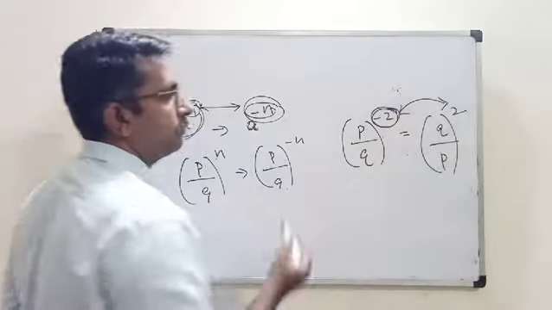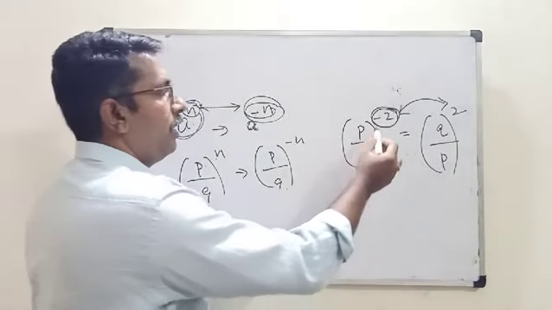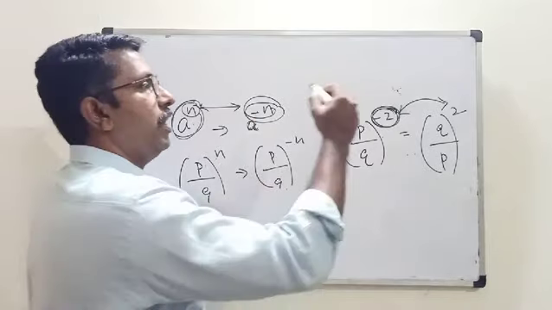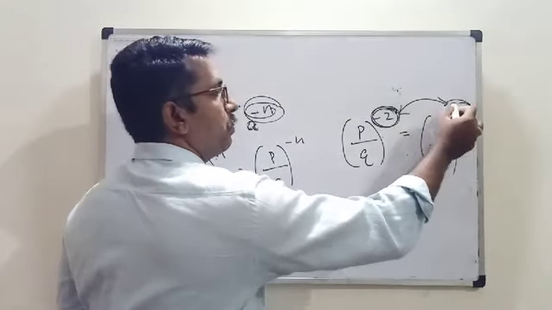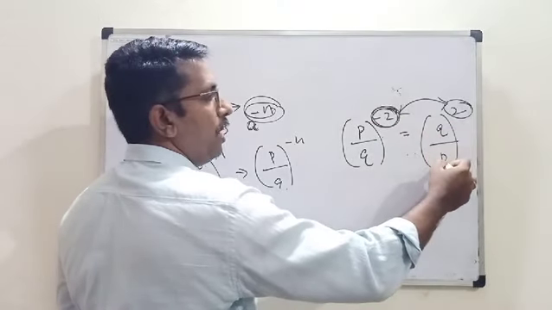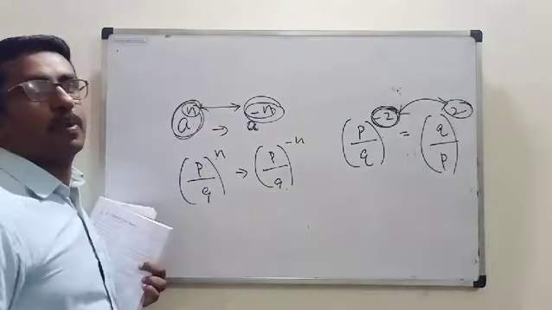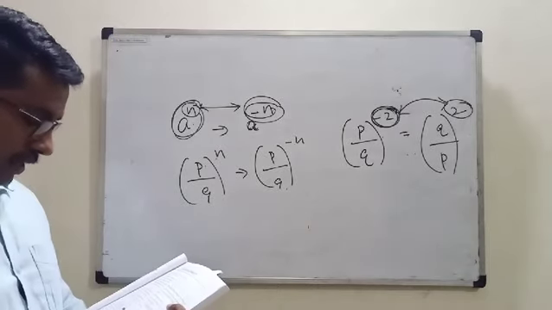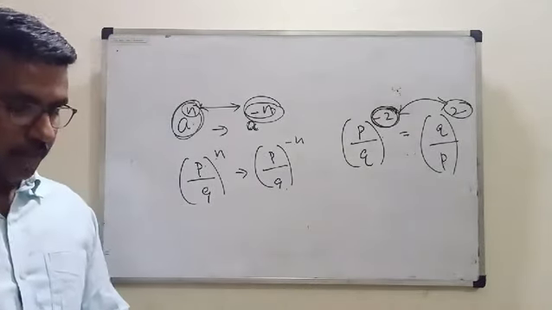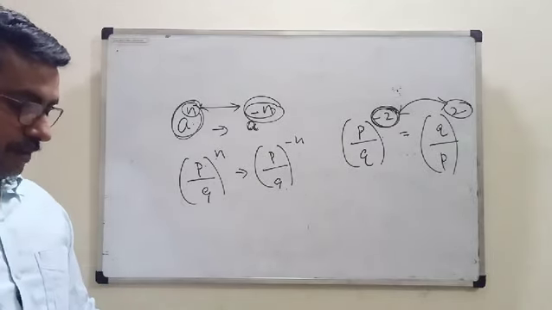What is this one? Here a negative exponent is given. We are going to convert into a positive exponent. So p by q to the power minus 2 is equal to q by p square. Okay, that's all about negative exponents and multiplicative inverse.